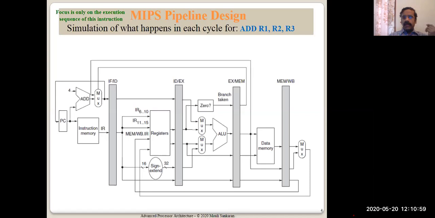I have disabled everyone, so you cannot chat with everyone, but you can chat with me. I am not seeing any answers. Can someone tell me what will be the first action when the pipeline starts executing this instruction? This instruction is going to enter the pipeline. What will be the first action?